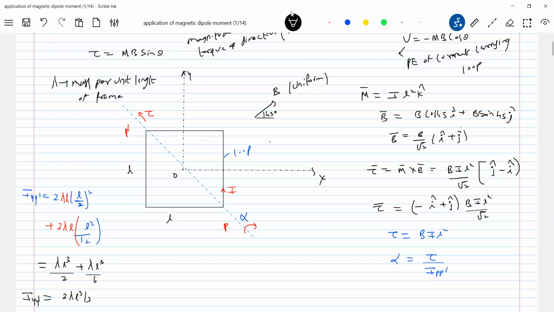Shall I say it is also equal to that about PP dash, from the perpendicular axis theorem, if you can recollect it?